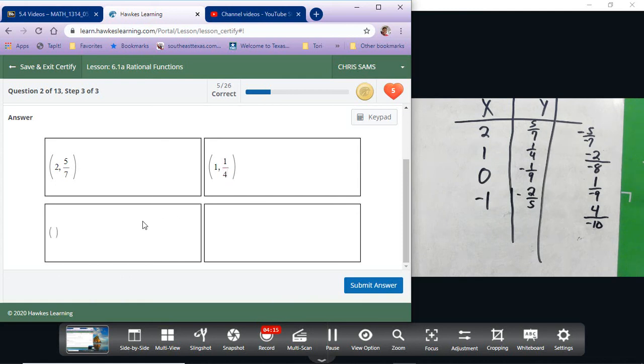And then we have 0, and then negative 1 over 9. Doesn't matter if you put the negative on top or the bottom, it's the same. And then the last one is going to be negative 1, and then negative 2/5.